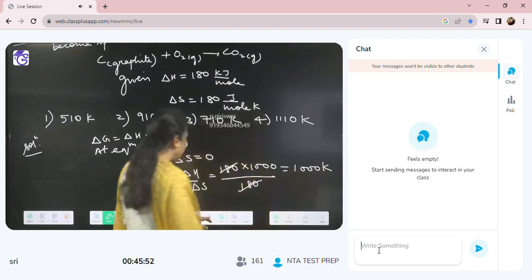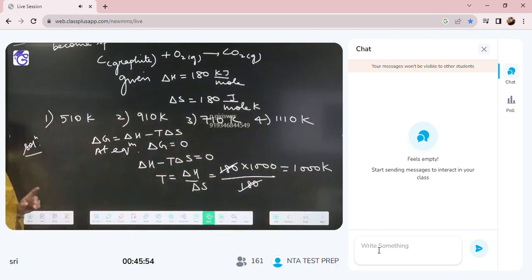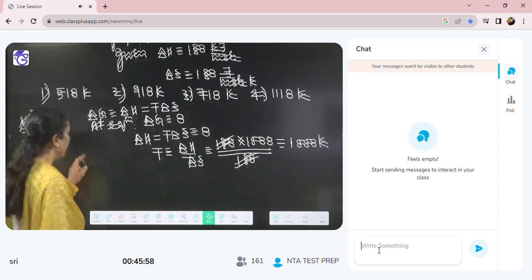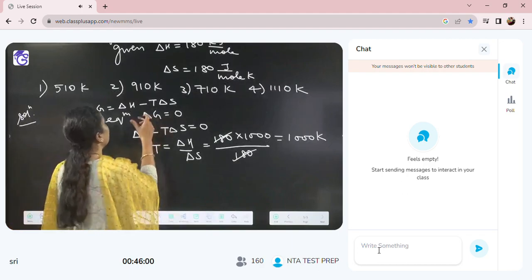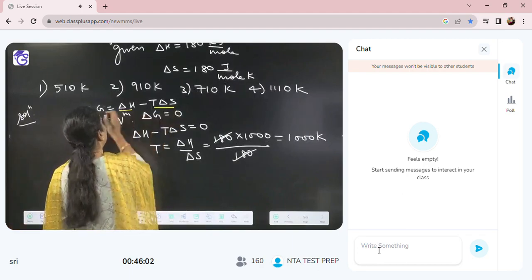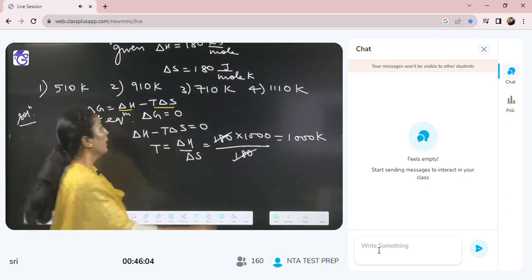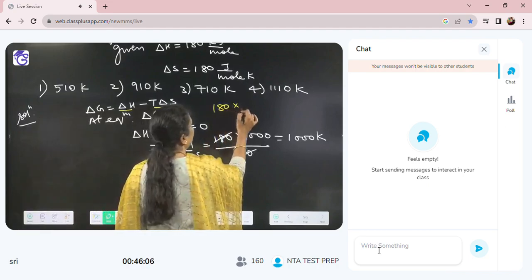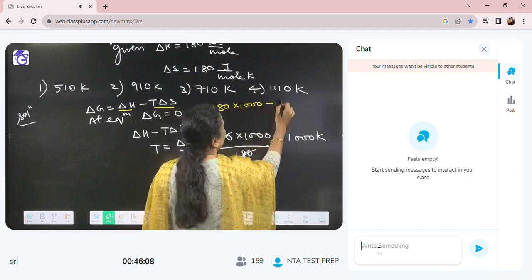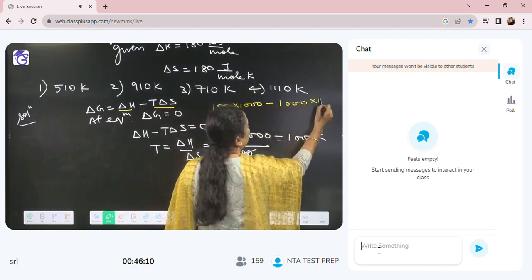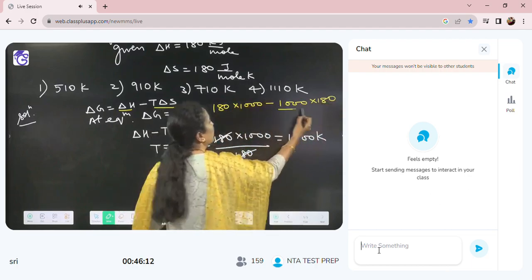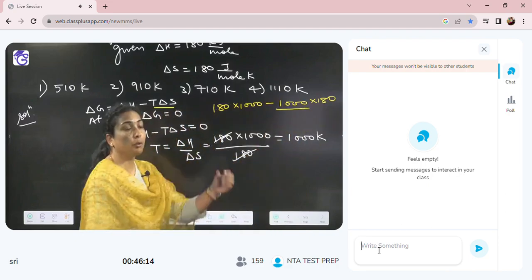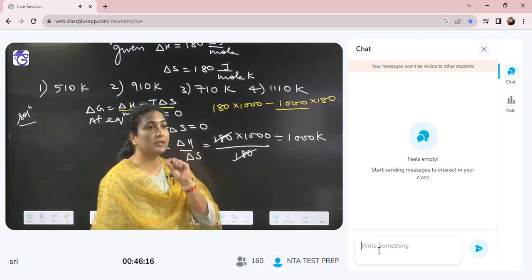So 1000 Kelvin is the temperature at which equilibrium is existing. Equilibrium existing means these two values are equal, then only delta G is 0. It is something like this: 180 into 1000, I have given you these many joules, then 1000 into 180. So at 1000 Kelvin, both of them are equal. That's the reason delta G is 0.